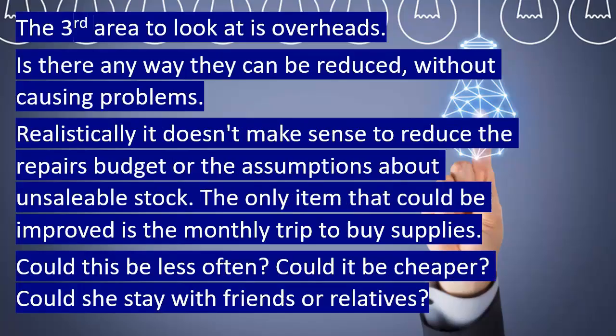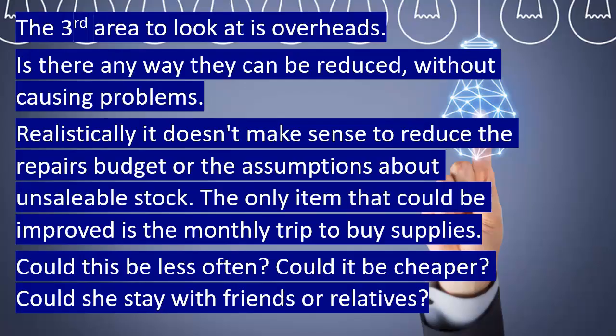Okay, the third area to look at is overheads. Is there any way that they can be reduced without causing problems? Realistically, it doesn't make sense to reduce the repairs budget or the assumptions about unsaleable stock. The only item that could be improved is the monthly trip to buy supplies. Could this be less often?